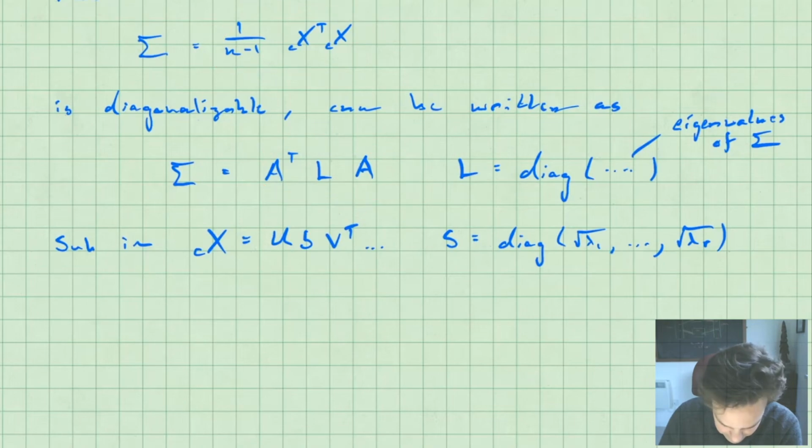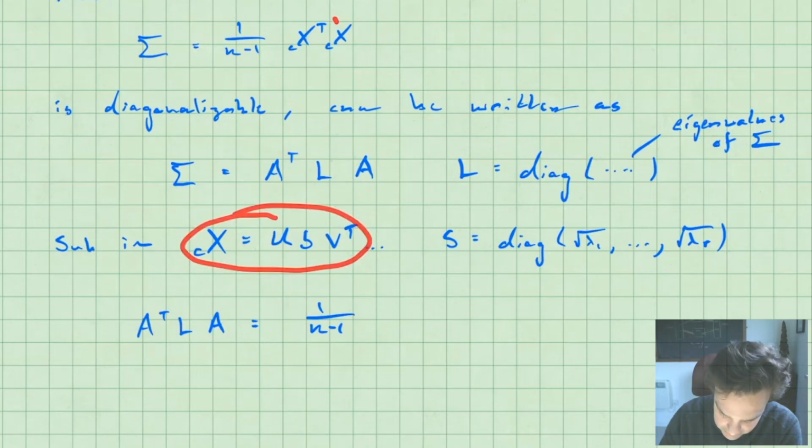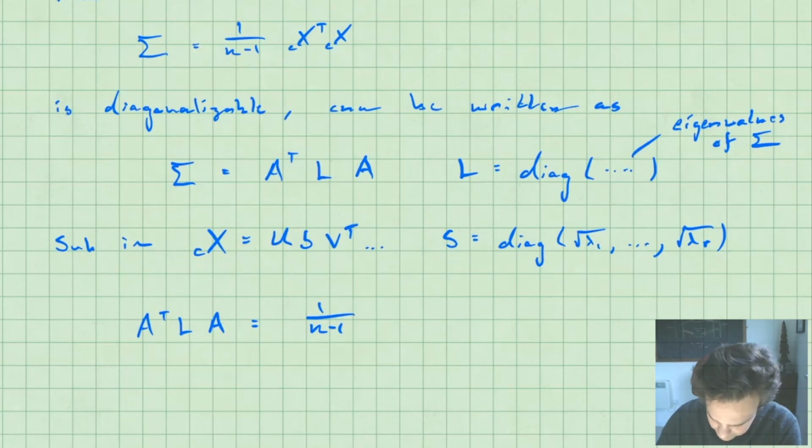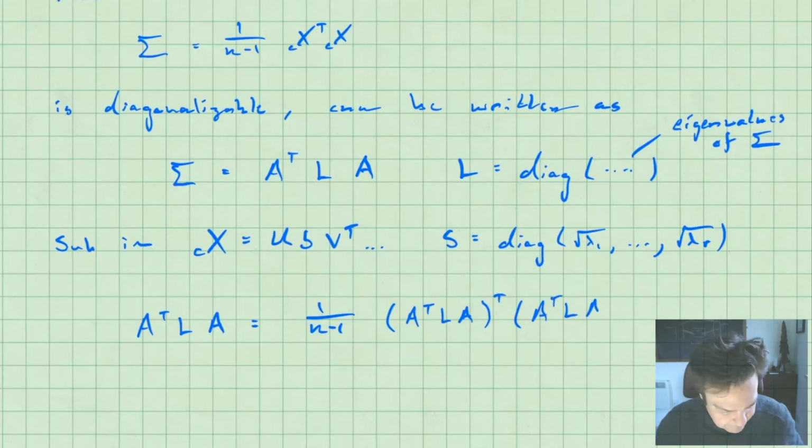So on the left, I've got A transpose L times A. And on the right-hand side, I've got 1 over n minus 1. Oh, sorry, I tend to go in loops with this.